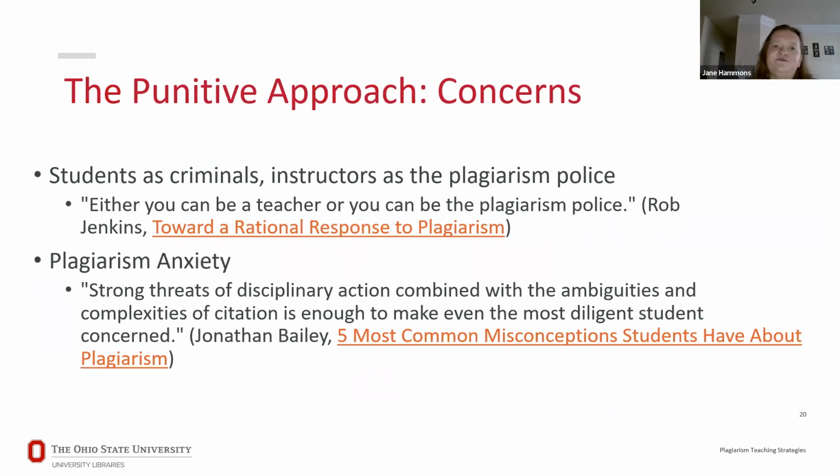But beyond that, when we have this very punitive, crime-focused approach to plagiarism, that puts students in the role of criminals or prospective criminals, right? And that puts instructors in the role of the plagiarism police. And thinking about what that does to our classroom environments when we take that approach.